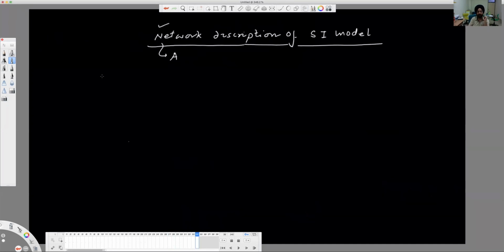So the first thing that we do is, we say si is the probability of node i, or individual i, to be infected in some time interval, let's say from t to t plus delta t, right?